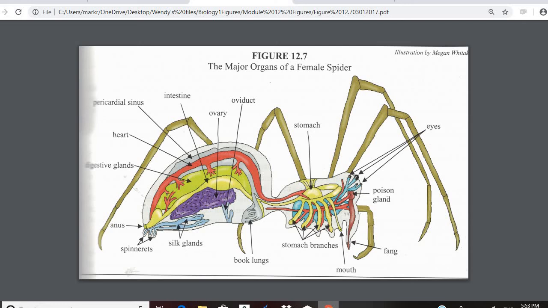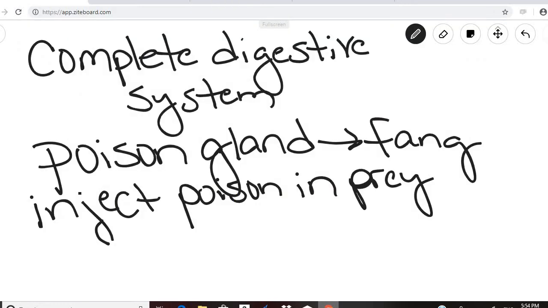That's one way that spiders can catch their prey, is they have these fangs that they will use to catch their prey. But another way that they catch their prey, as you're probably aware of, is by weaving a web.